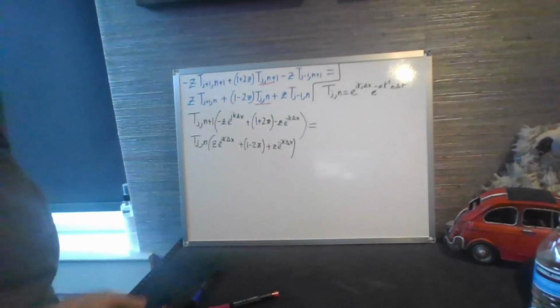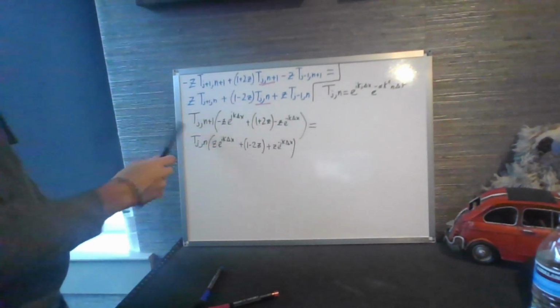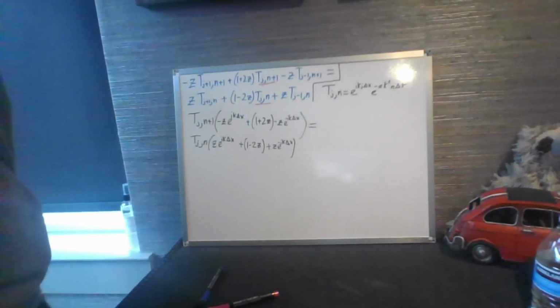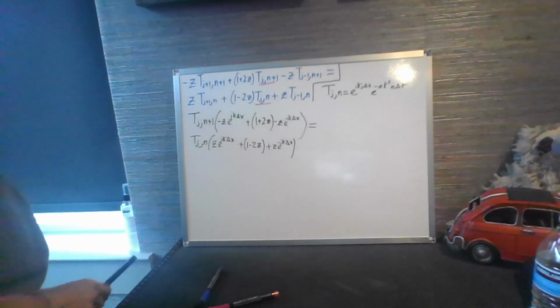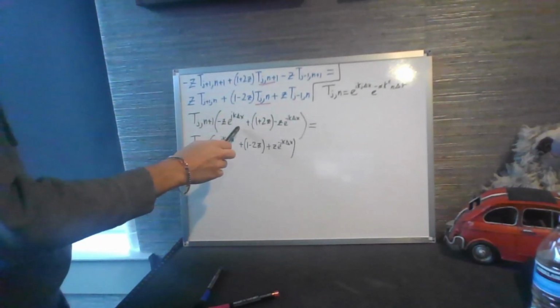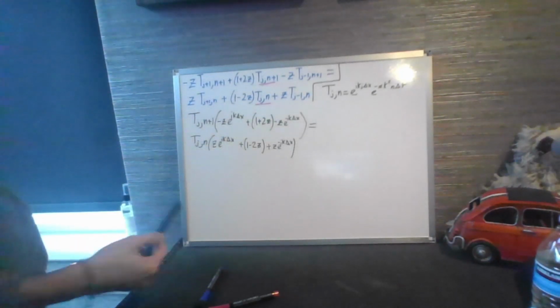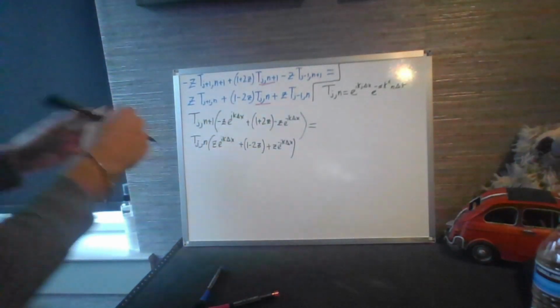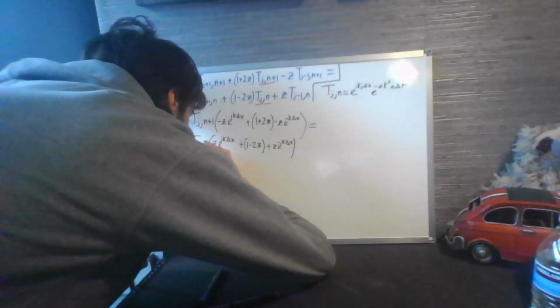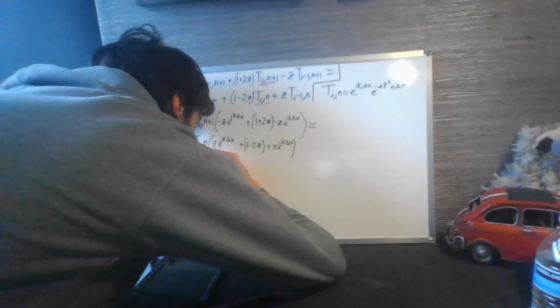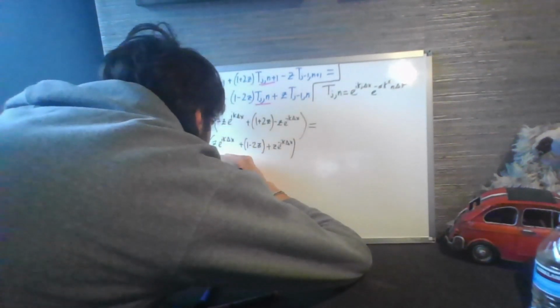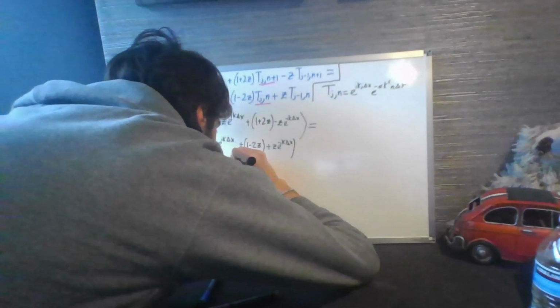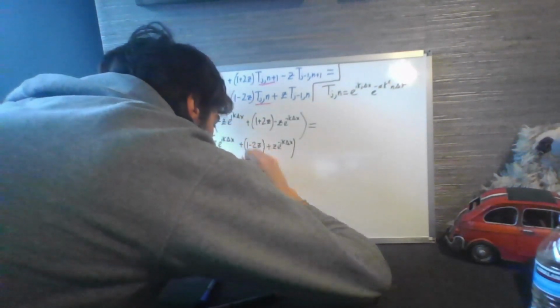And so, like we said before, we want to have Tj of n plus 1 and Tj of n in their own terms. So what I'm going to do here is bring this exponential over to the right hand side and divide by it, so that we end up with T of j at n plus 1 equal to T of j at time interval n times this whole expression.